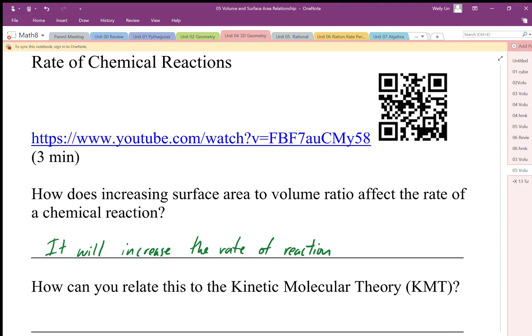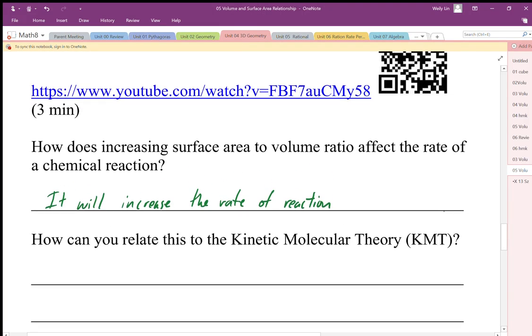So in order to increase the rate of reaction, or increase the strength of the fire, you need to increase the surface area for the molecules to be able to interact. If you cut wood into small pieces, there's much more surface area for the oxygen to interact with, and it will then react faster, creating more heat, and that will perpetuate a flame.